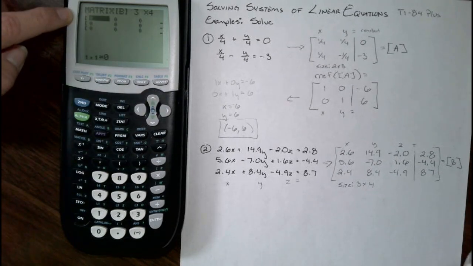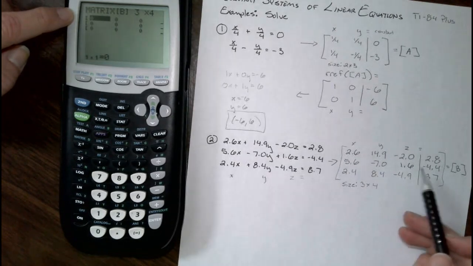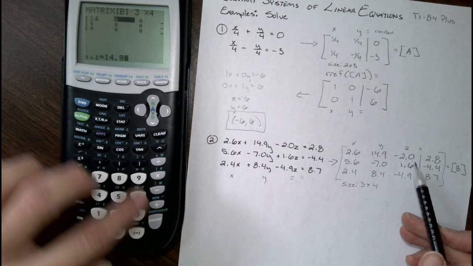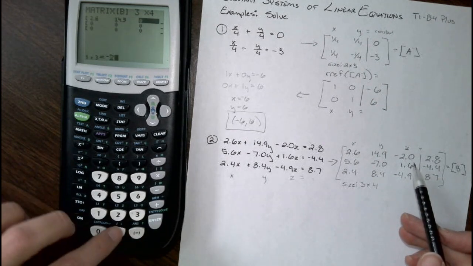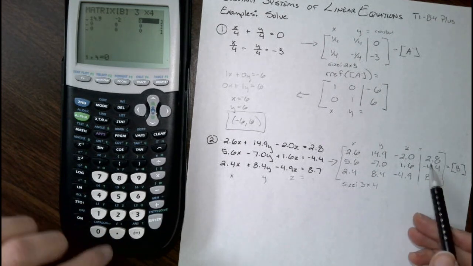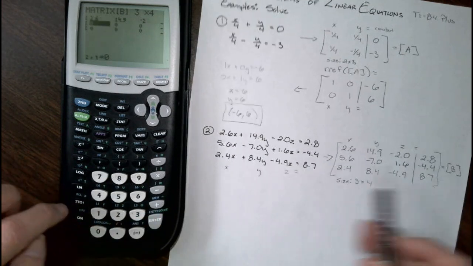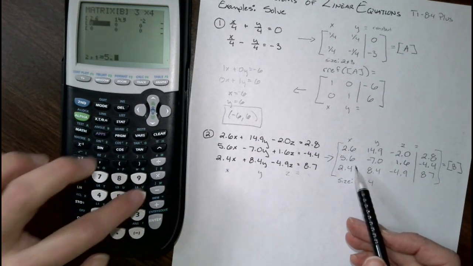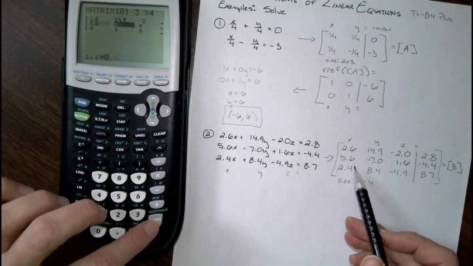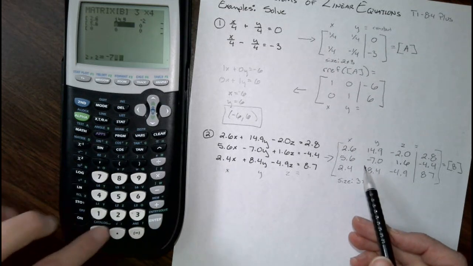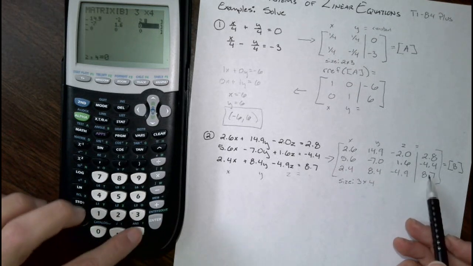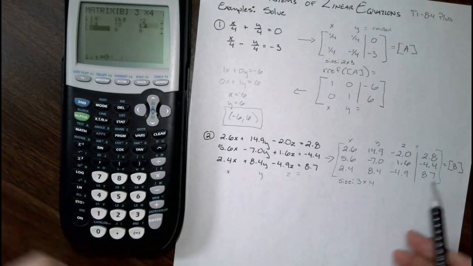All right, so let's go ahead and type them in across the first row: 2.6, 14.9, negative 2.0, and 2.8. Second row, we have 5.6, negative 7.0, 1.6, and negative 4.4.